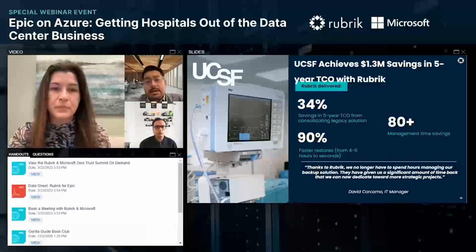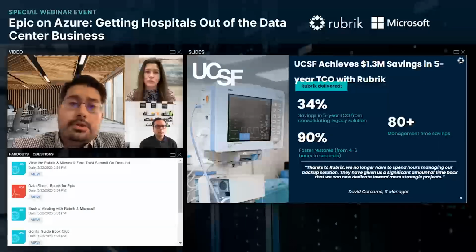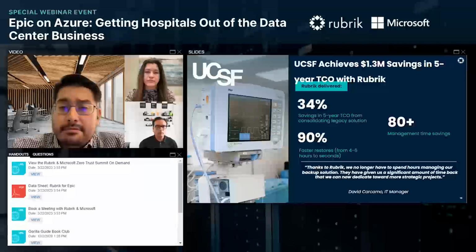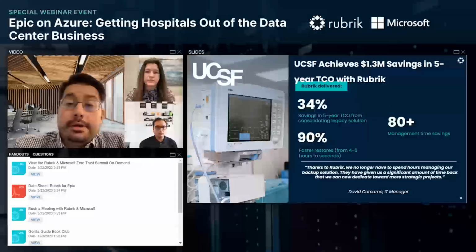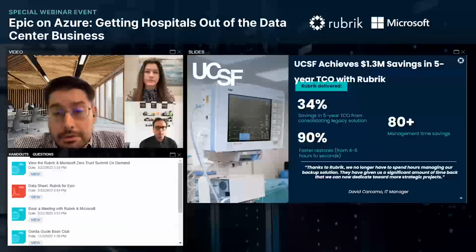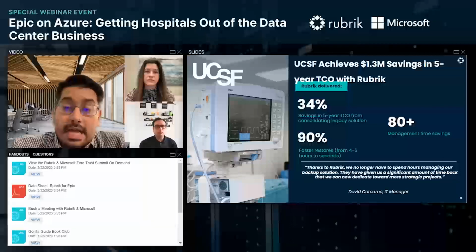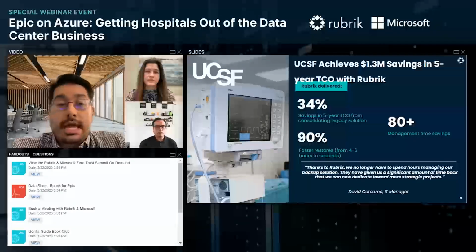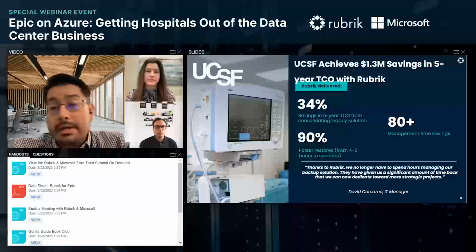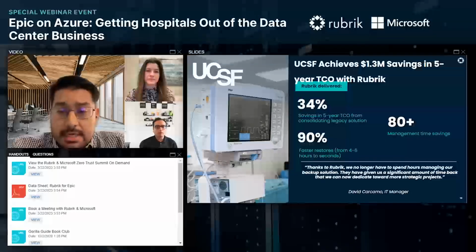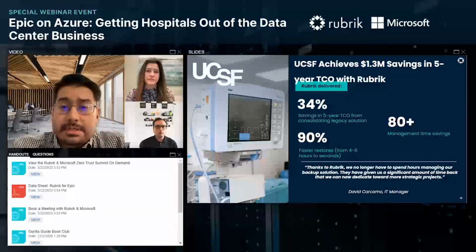Yeah, and I think UCSF is important to call out, especially in the context of the poll that we got earlier. So they are a large organization that today consumes both Azure and Rubrik in pretty high quantity, but they still self-host their Epic solution on premises.